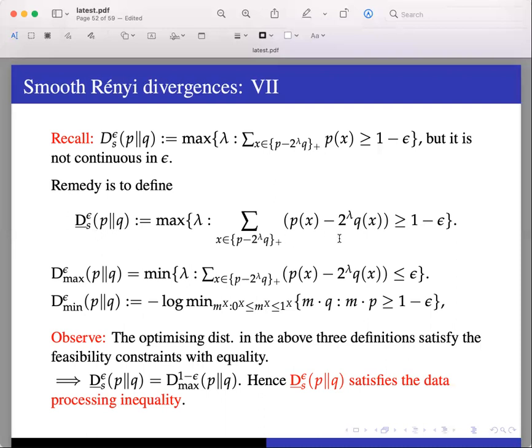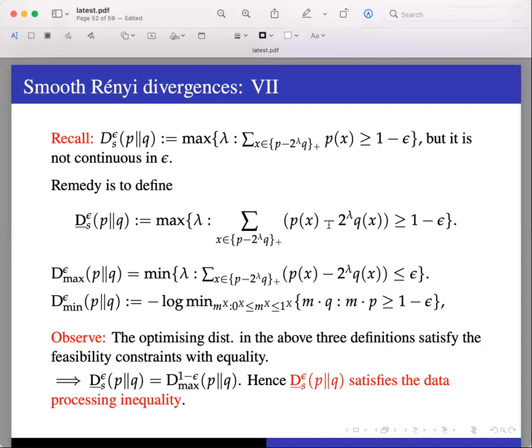Now the claim is this is continuous. Why is this? Let us say I start decreasing epsilon. So this threshold is going lower. That means more x's can creep into the plus set out here. But let us say a new x naught has crept into this plus set. What will be the contribution of the new x naught?